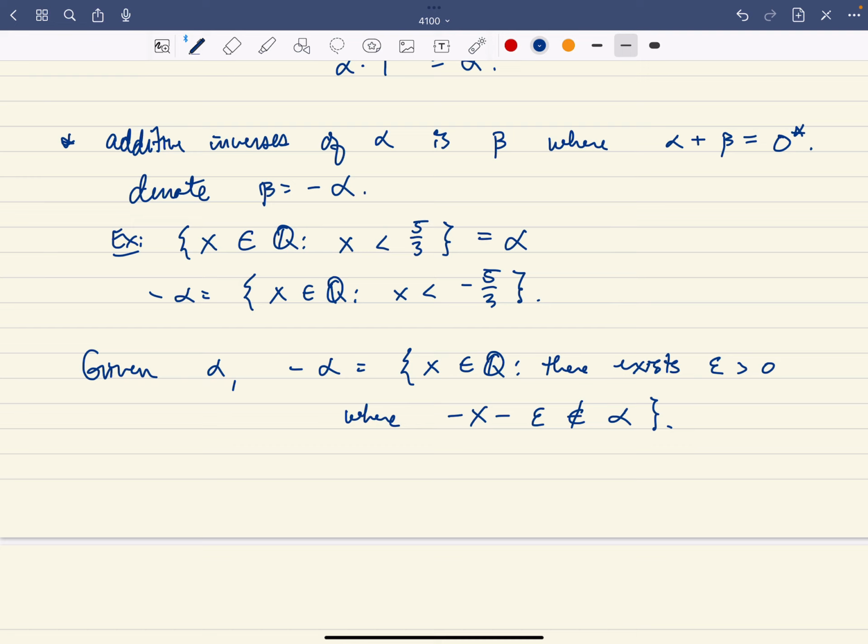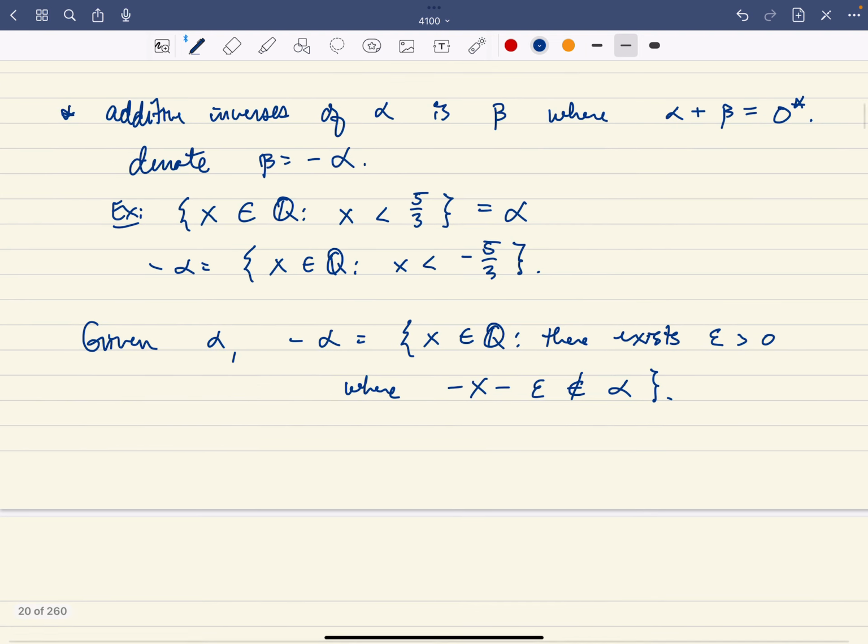So for example, let's say the number -2. So -2 is in minus alpha since there exists an epsilon such that if I take -2 minus epsilon, that's no longer in alpha.